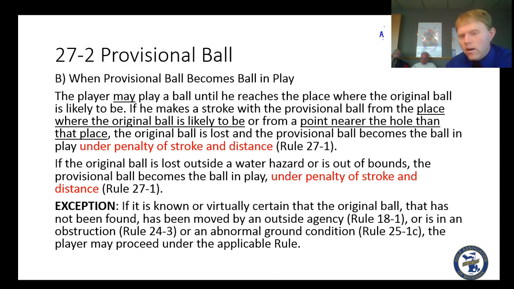So notice this exception, when we look back at our original exception under 27.1, that exception included a water hazard, but this one doesn't. So again, just to go over the point, we're not talking about a ball that's in a water hazard, because we can't play a provisional ball if we have no virtual certainty that the ball is in a lateral water hazard, right?